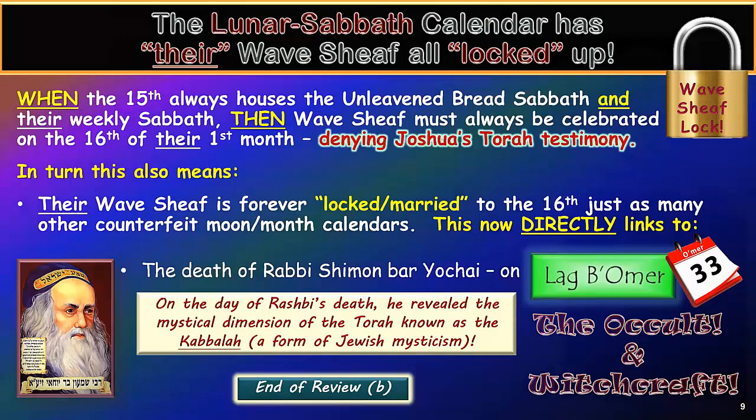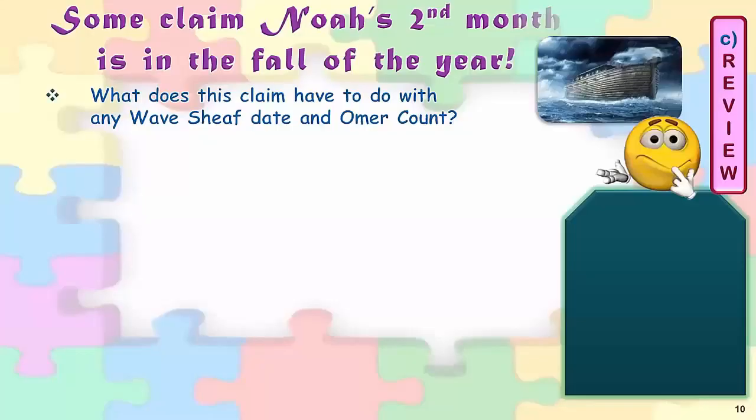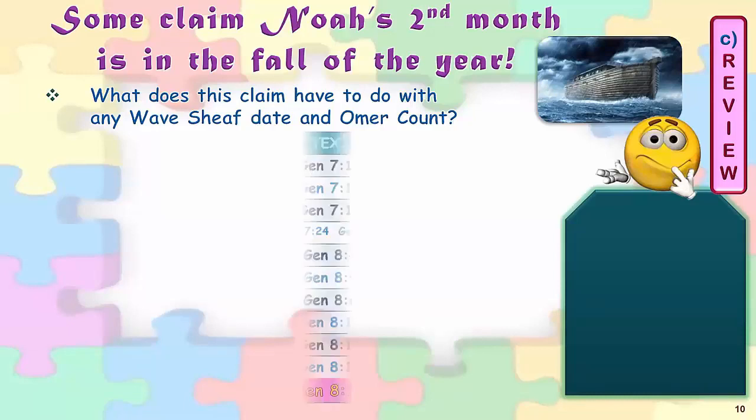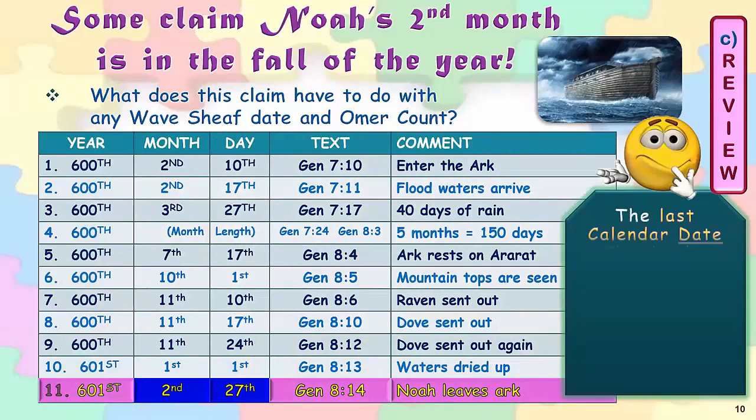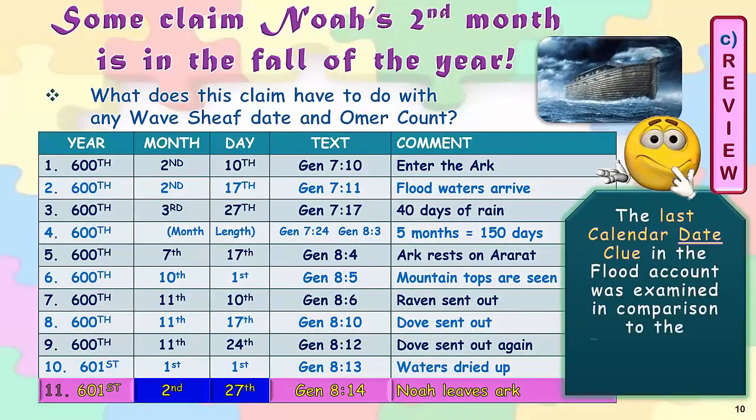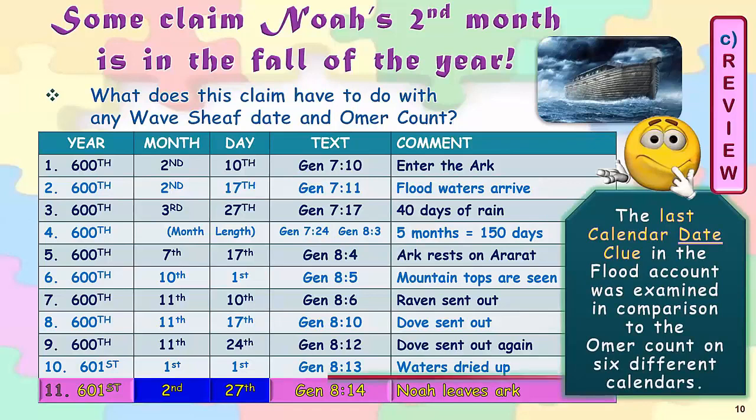Review C. Some claim Noah's second month is in the fall of the year. What does this claim have to do with any wave sheaf date and Omer count? I want you to bring your eyes to the very bottom column. We've got it clearly marked out there in colors.